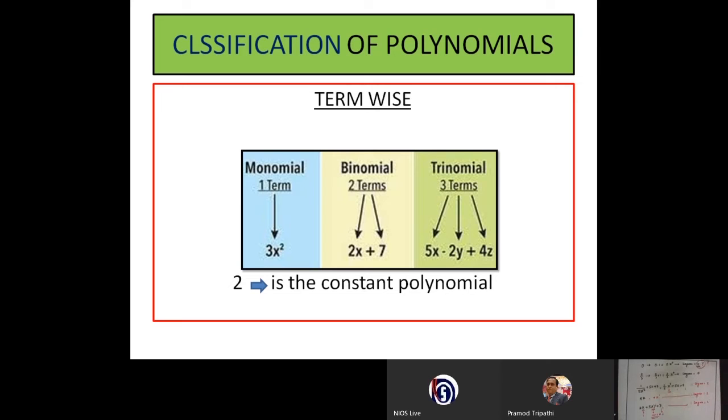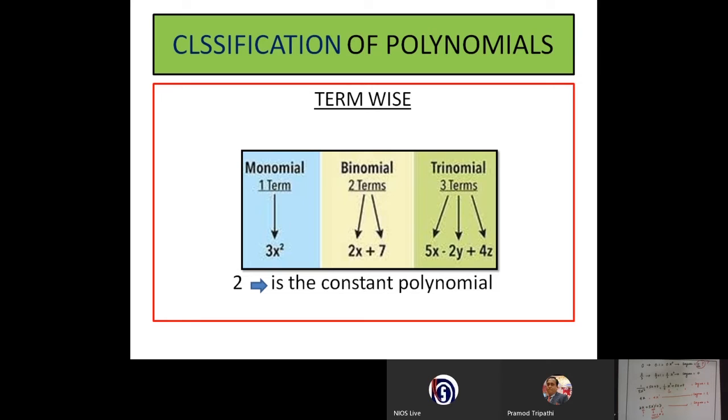The polynomials have been classified in two ways. Number one, term wise, and number two, degree wise. So here we take the first type, the term wise classification.